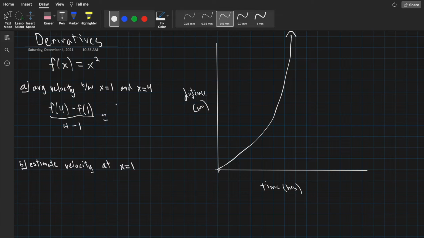So then this is equal to 4 squared is 16, minus 1 squared, all over 3. So this would give us 15 over 3 miles per hour.